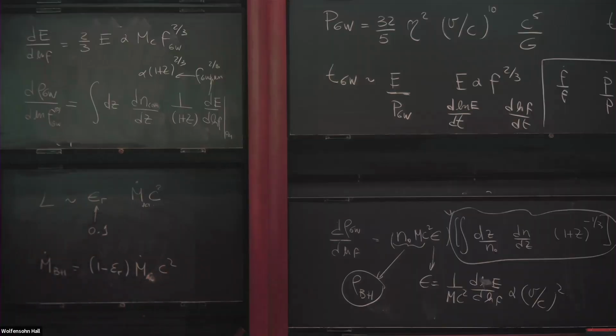And on the other side, this accreted matter is the luminosity divided by this radiative efficiency. So you can take that M dot in the black hole is basically 1 minus this efficiency, divided by this efficiency, times the luminosity, proportional to this.